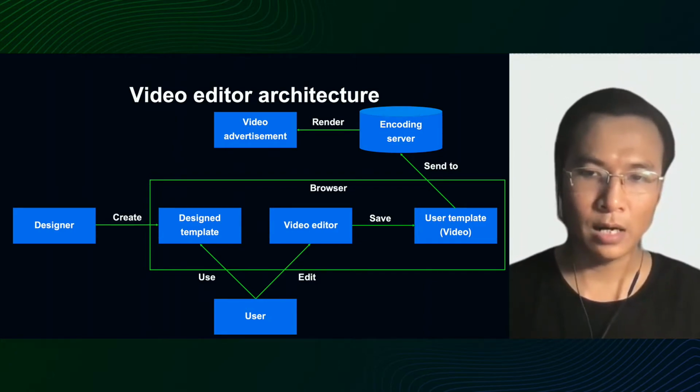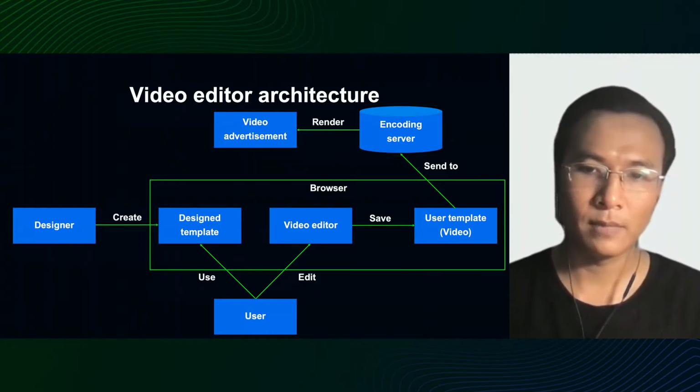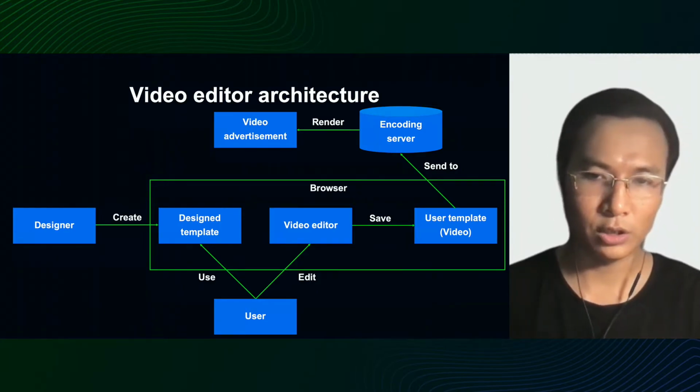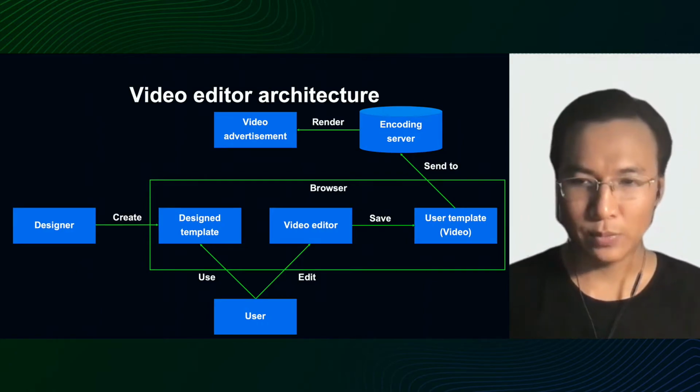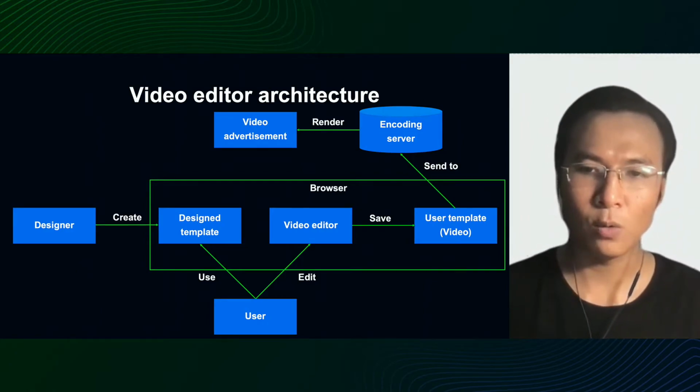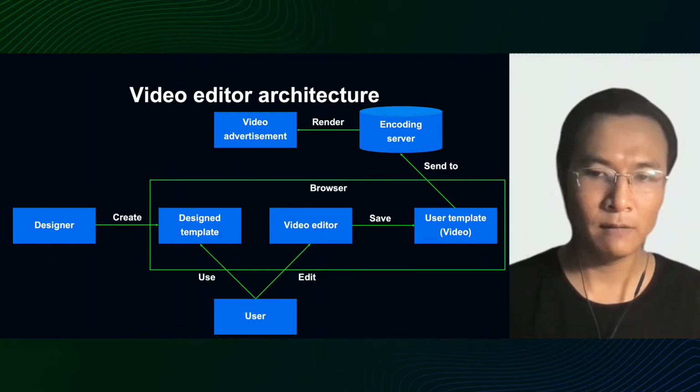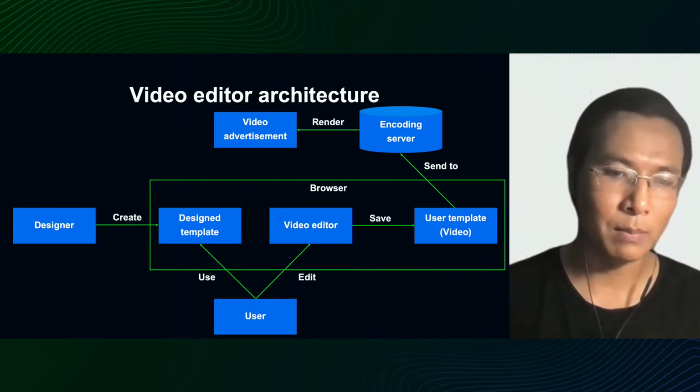Users can use the editor to update the video template, save to the template collection, and finally, create video advertisement by rendering. Under the hood, we do this by sending the video templates to an encoding server to produce an MP4 video.